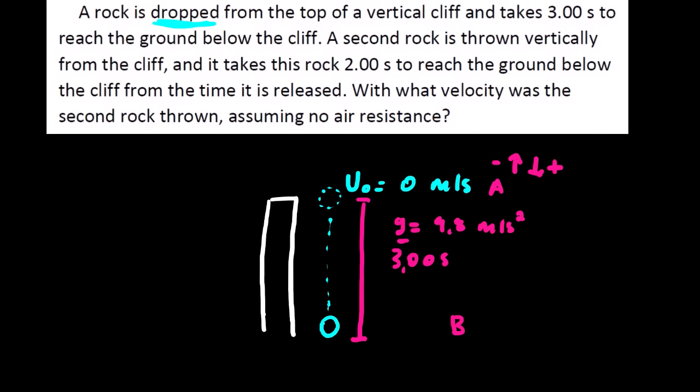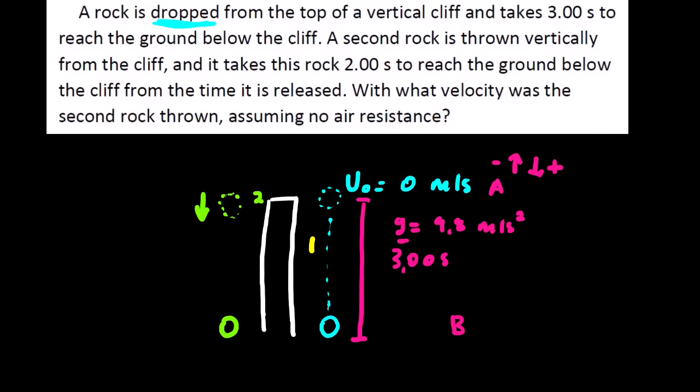So we can say this is ball 1, and then for ball 2, let us represent it this side. So ball 2 was thrown, it was projected, it was not released, and then it reaches the ground.